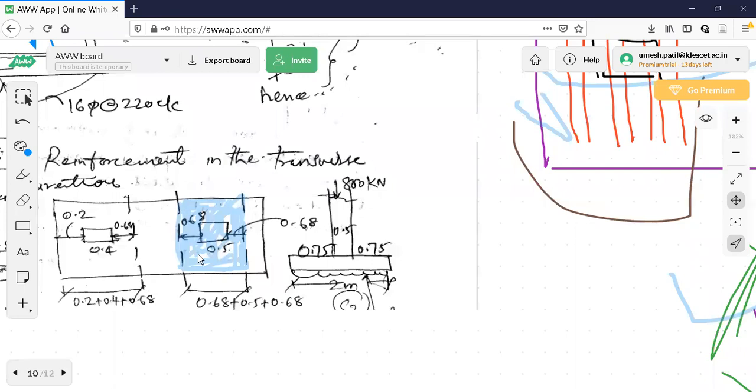Now how to calculate? You can see this 0.65 this side. This is the width of the column dimension. You go this side by 680 mm, small d, and this side by 680 mm. So I am getting 0.68 plus 0.5 plus 0.68. That is, from this edge small d, from this edge small d, you are getting it.